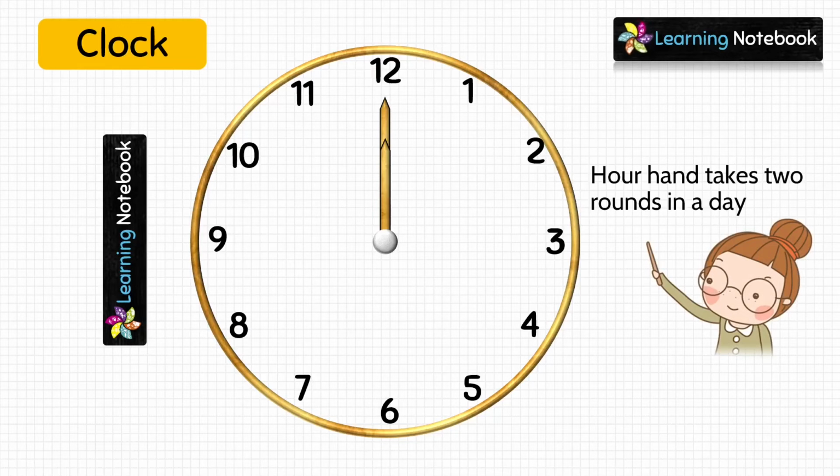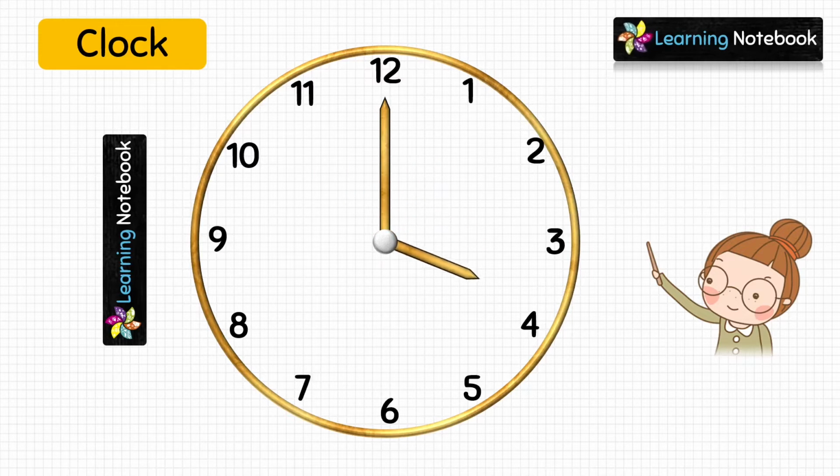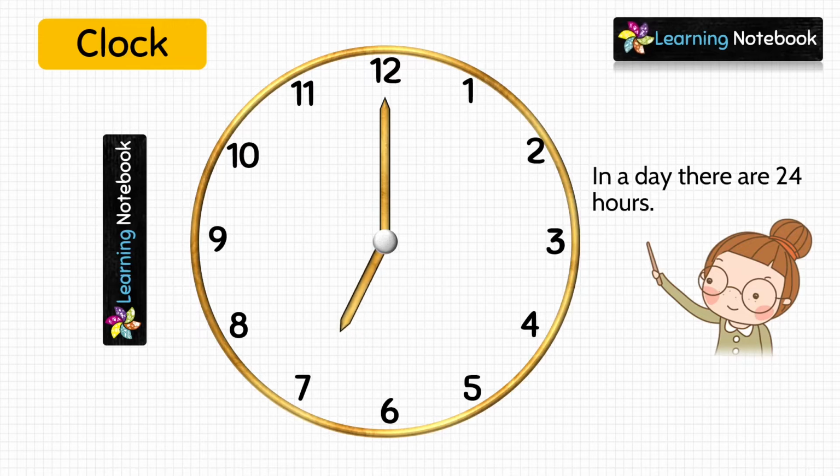Next important point to learn is that hour hand takes 2 rounds in a day. And we learned it takes 12 hours to complete one round. So this means in a day there are 24 hours.